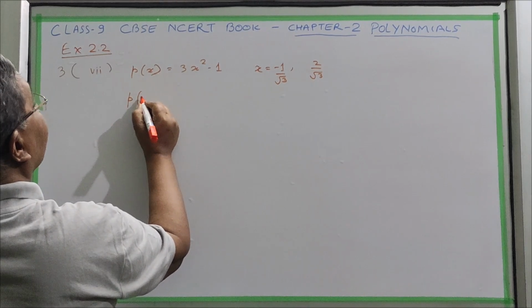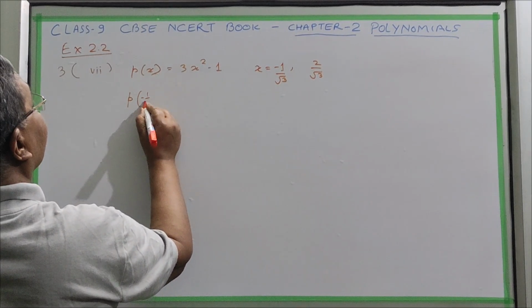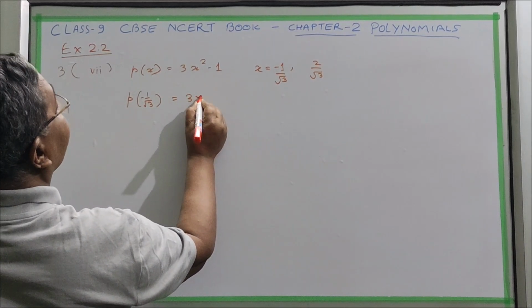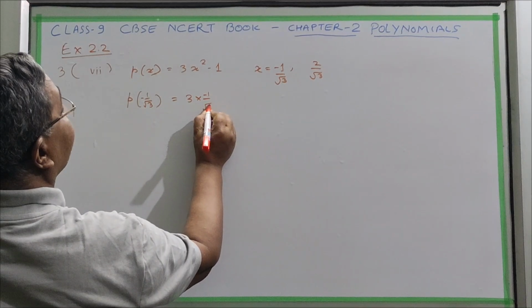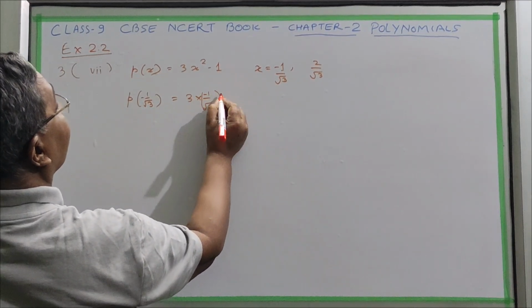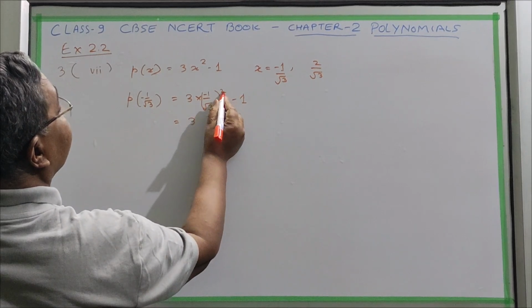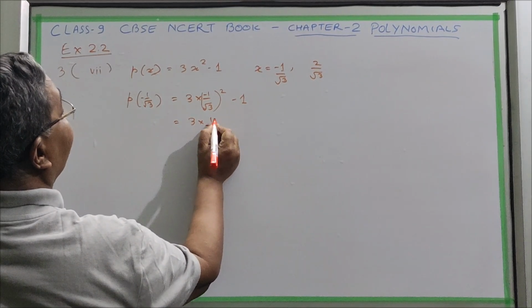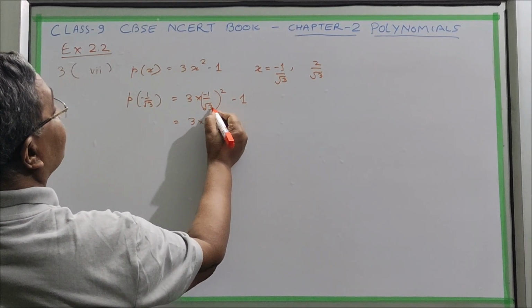P(minus 1 upon under root 3) is equal to 3 into (minus 1 upon under root 3) whole square minus 1. So 3 into plus 1 upon, under root 3 into under root 3.